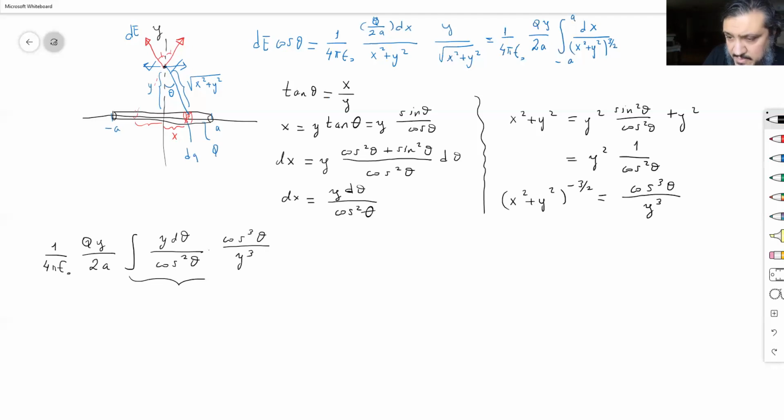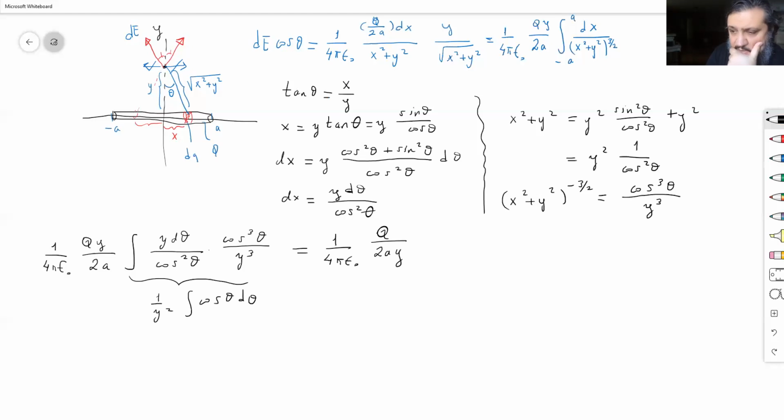So this is nothing but 1 over y squared cosine theta d theta. Therefore, 1 over 4 pi epsilon 0 q over 2ay.